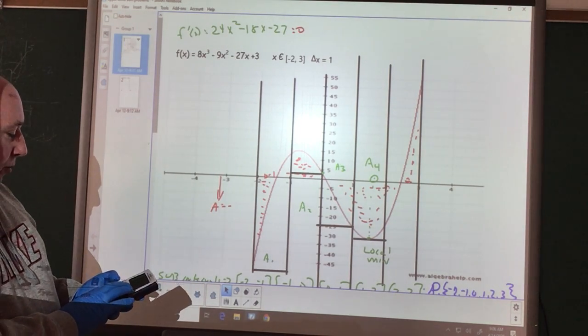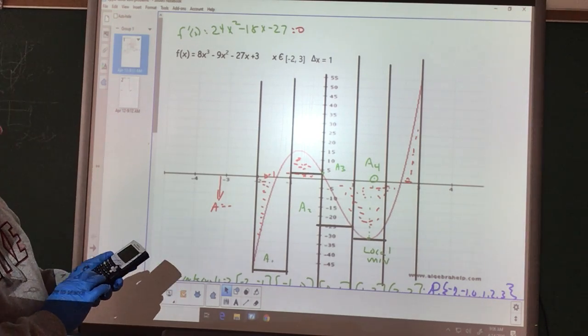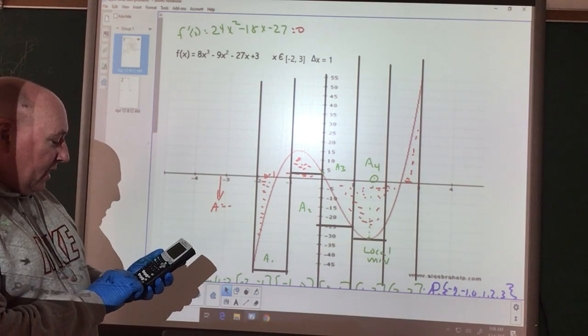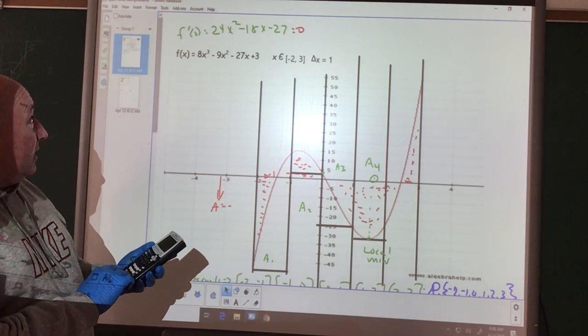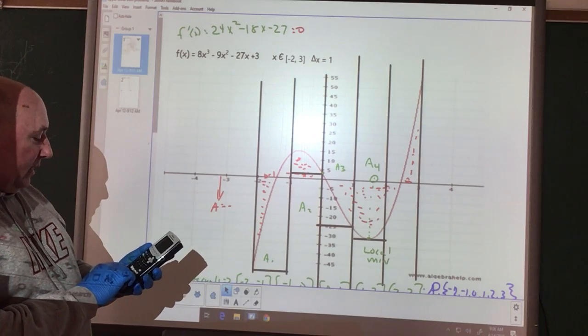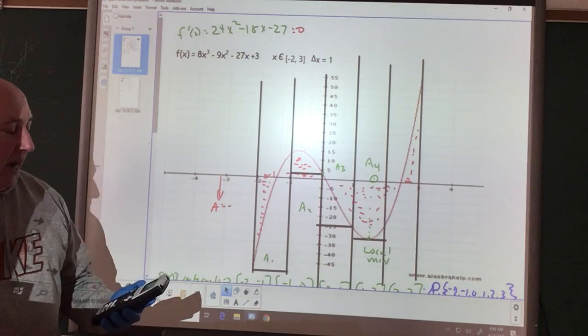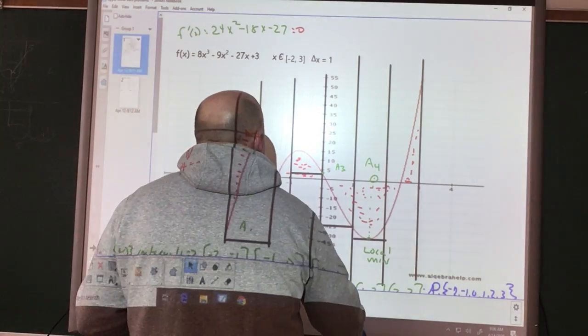So I got my quadratic formula. My a is 24, my b is negative 18, and my c is a value of negative 27. I get the value of 1.5 and negative 0.75.